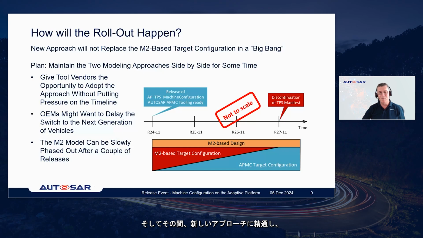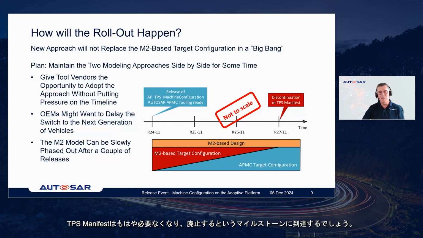And in the meantime, they can get familiar with the new approach and gain some confidence in what it can deliver. But in the end, after we reached a full coverage of APMC, we will reach a milestone in which the TPS manifest is no longer needed and can be discontinued. But as I mentioned here, I have no idea when this will happen.